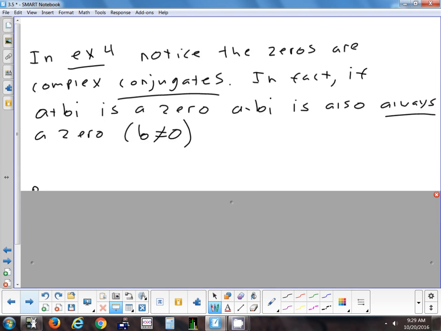Specifically, they occur in conjugate pairs. So if you were solving a problem on the test and you figured out 2 plus i is a root, well, I guarantee you 2 minus i has to be a root. That's what's kind of nice about complex answers. If you find 1, you really find 2. They always occur in conjugate pairs.